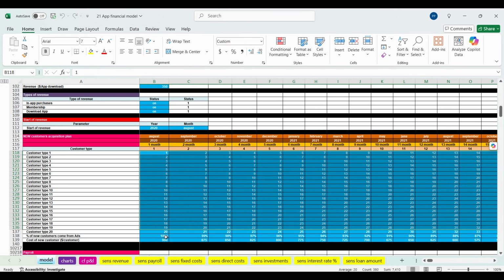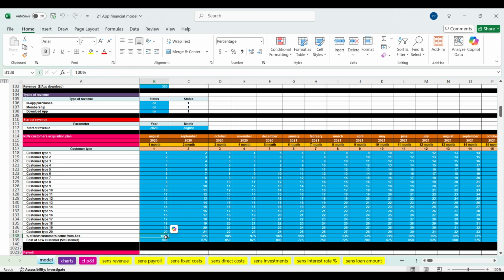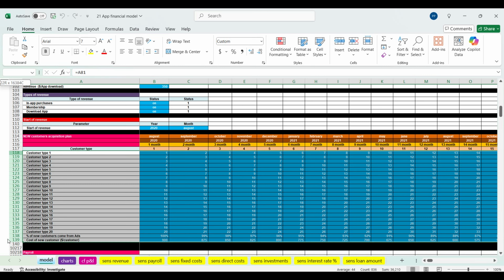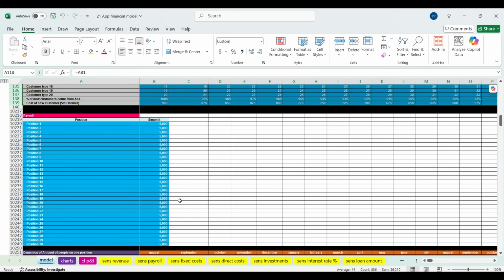How many customers are coming from the ads? What is the cost of acquisition of a new customer that downloads the app? So these parameters are very crucial for your financial efficiency.